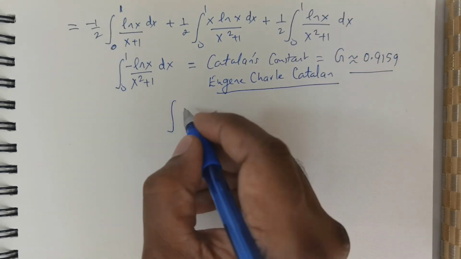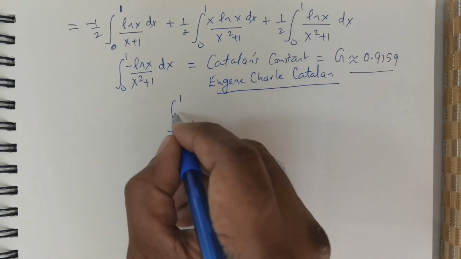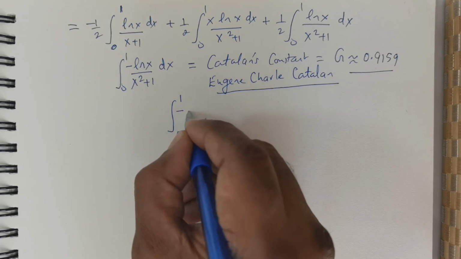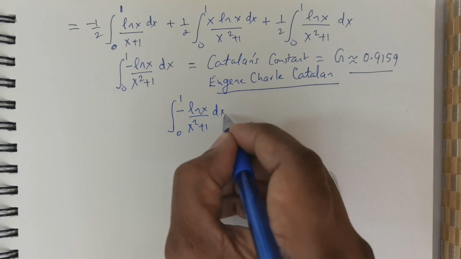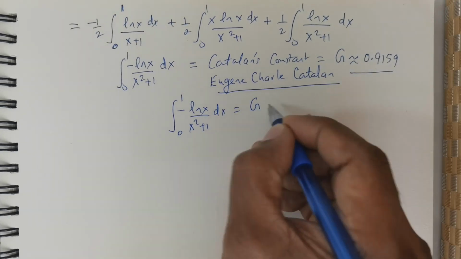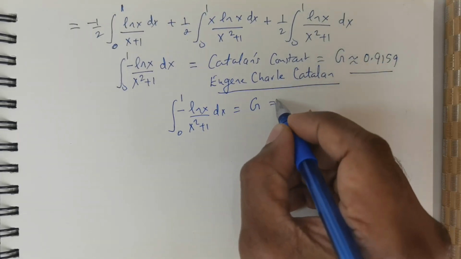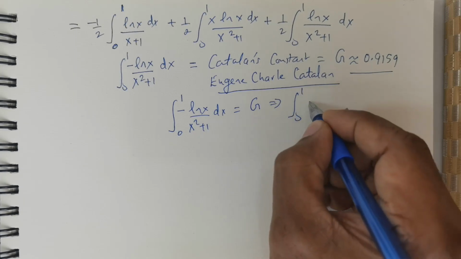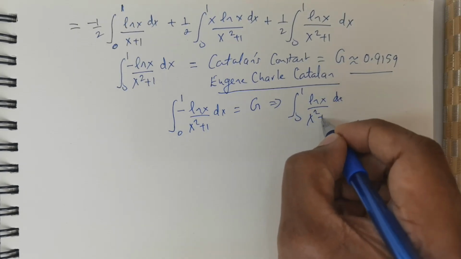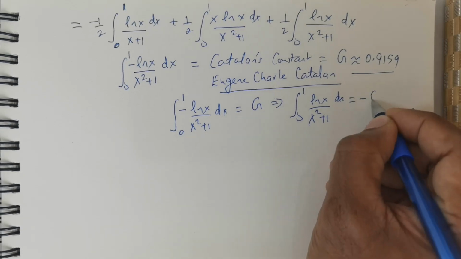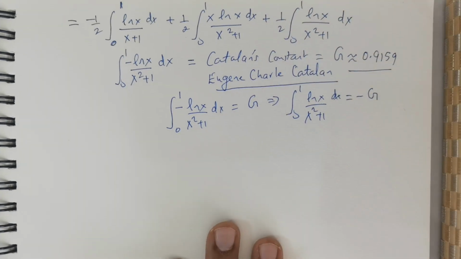So let me rewrite this. The integral from 0 to 1 of -ln x over x² + 1 dx is equal to G, but we need positive, so that would mean the integral from 0 to 1 of ln x over x² + 1 dx is equal to -G.